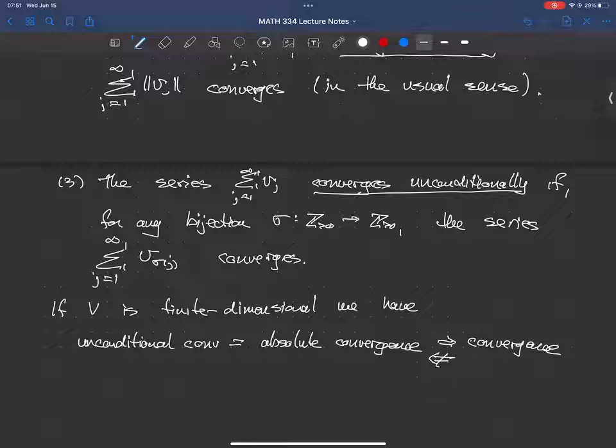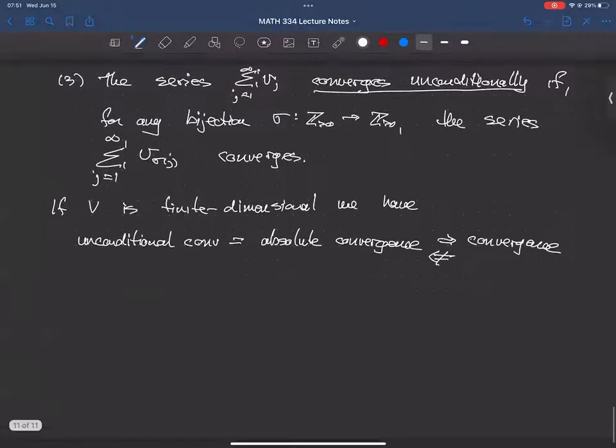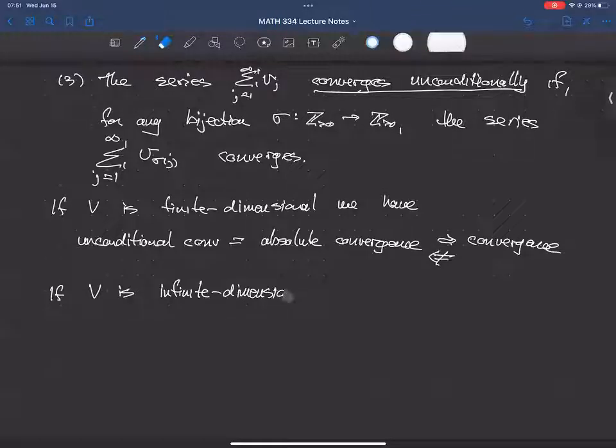Now what about in infinite dimensions? So if V is infinite dimensional, we have, right, so which one do you expect is stronger?